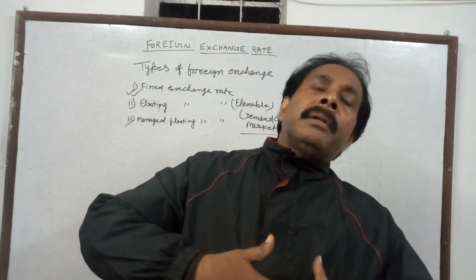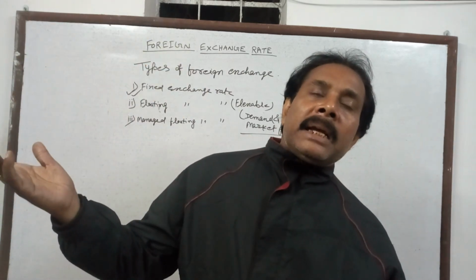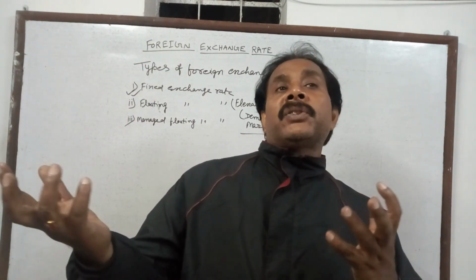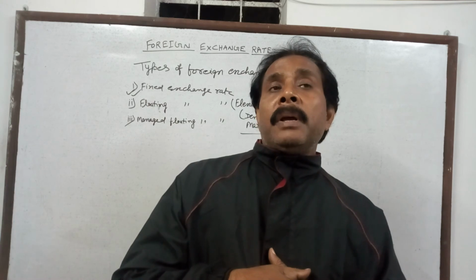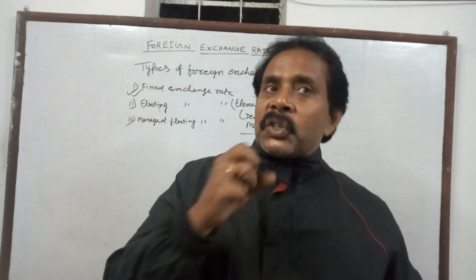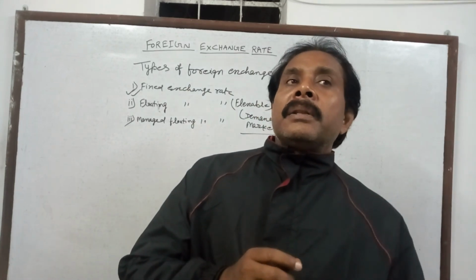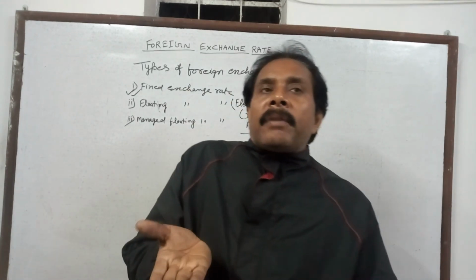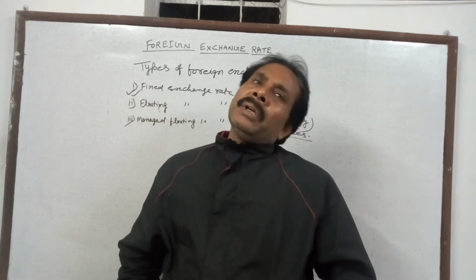As a result, the supply of foreign currency starts to increase and the RBI starts to buy the domestic currency. As a result, a crisis may be created and the value of domestic currency starts to increase.